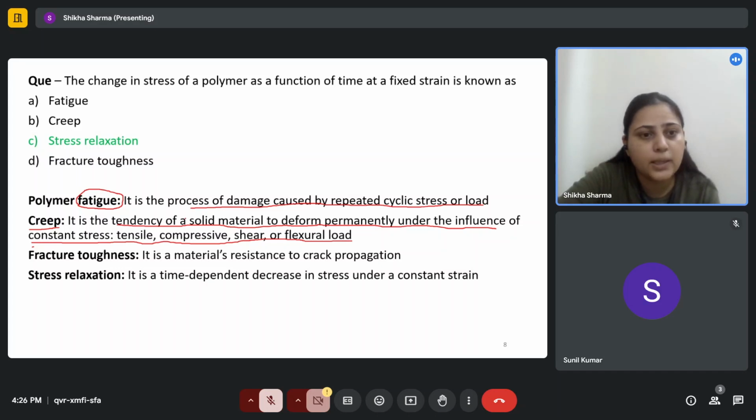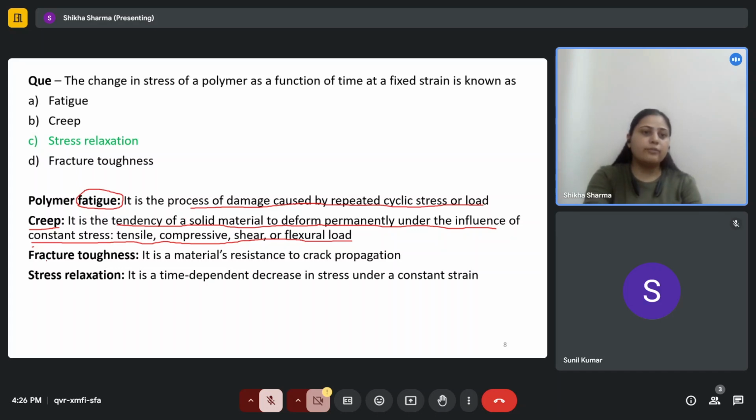So creep is when it is not the cyclic stress load. When we apply constant stress, then some kind of permanent deformation or strain develops in the material, and it is known as creep.